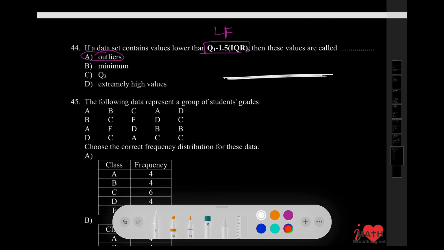You have some regular numbers in white here, but any numbers going to the left of this fence, this is called an outlier. And then the upper fence is any numbers to the right here or greater than these values, that would be considered an outlier. But this particular question is just the lower numbers to be considered an outlier.